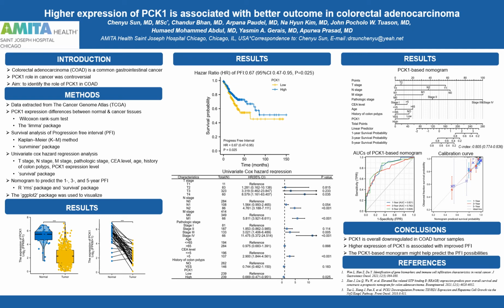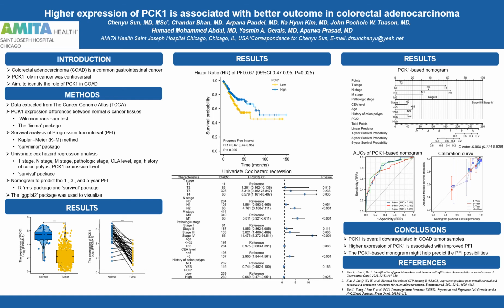In addition, the 1, 3, and 5 year AUCs of the PCK1-based nomogram were 0.821, 0.782, and 0.826 respectively, showing a moderate prediction accuracy. So, in conclusion, PCK1 is overall downregulated in the colorectal adenocarcinoma tumor samples.